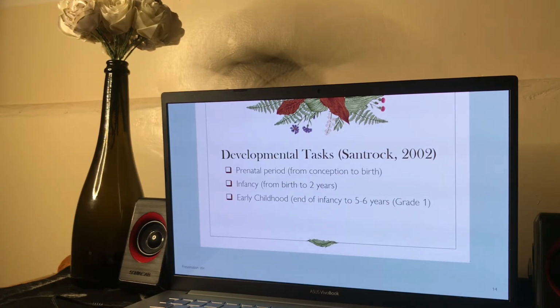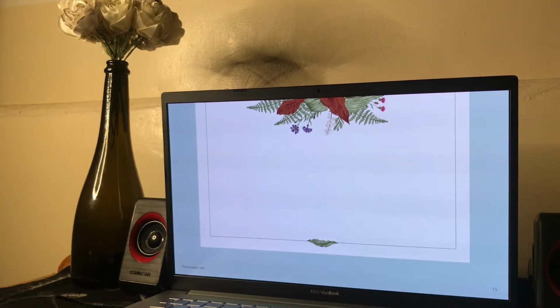Next is early childhood, end of infancy to 6 years old, or grade 1. Next is middle and late childhood, ages 6 to 11 years. This is the elementary school years. Next is adolescence, 10 to 12 years of age and up to 18 to 22 years of age.